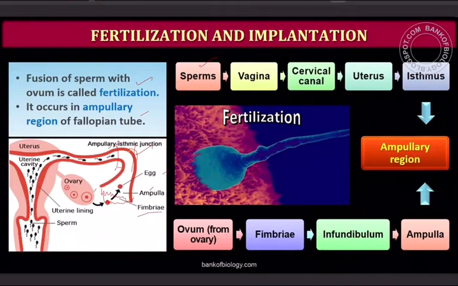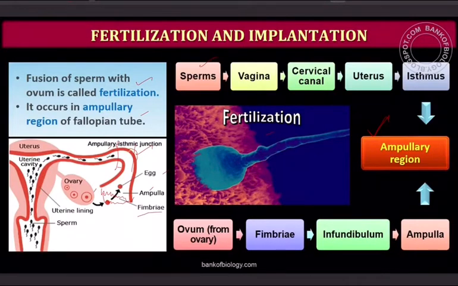The sperms will be released in the form of semen, enter into the vagina, travel into the cervical canal through the cervix, enter into the uterus, that bag-like structure, then enter into the fallopian tube, and reach the isthmus ampullary region.